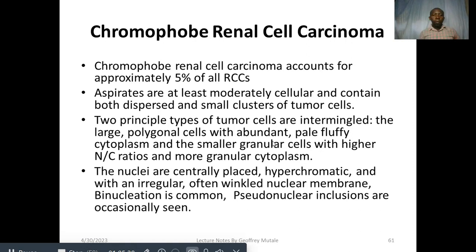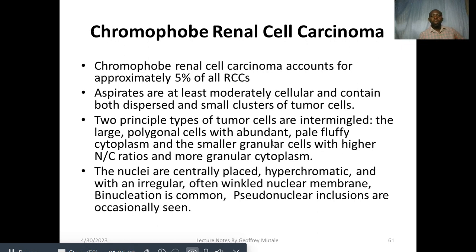Yes, we can continue. So in this case, the aspirates are at least moderately cellular and contain both dispersed and small clusters of tumor cells. Two principal types of tumor cells are intermingled: the large polygonal cells with the abundant pale fluffy cytoplasm, and the small granular cells with a higher nucleus to cytoplasmic ratio and more granular cytoplasm.